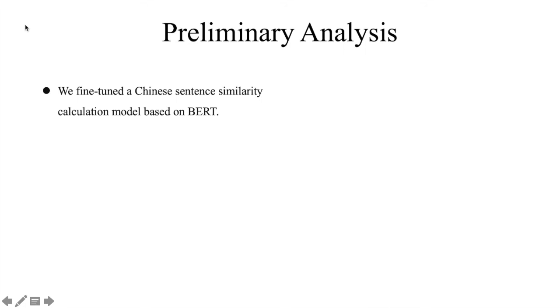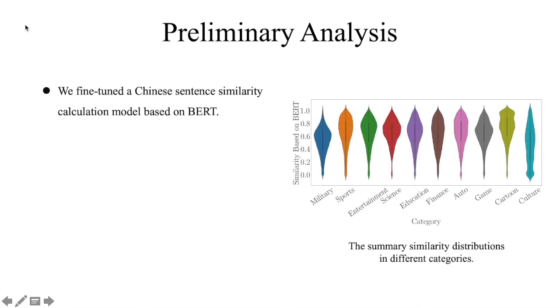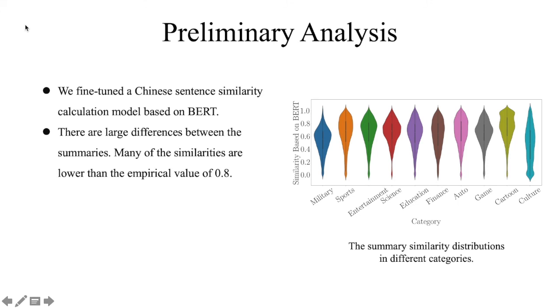The picture on the right shows the summary similarity distribution in different categories. It is not difficult to see that there are large differences between the summaries, and many of the similarities are lower than the empirical value of 0.8. The distribution in different categories is also different, and the summaries in the cultural category have the lowest similarities.